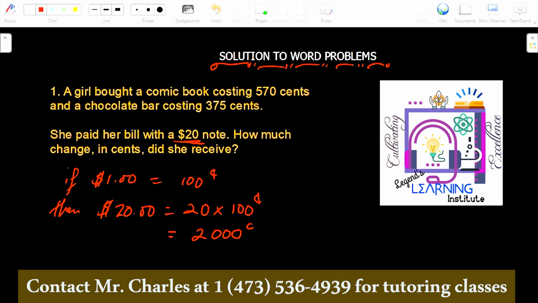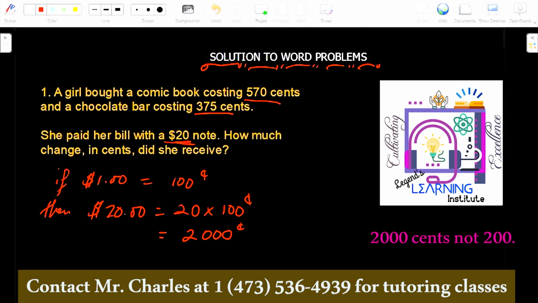So that's 2,000 cents she paid with. We want to find out her change, so her change would be the 2,000 cents subtract the sum of the prices of the items she bought.